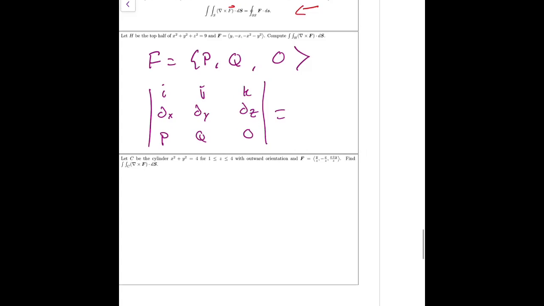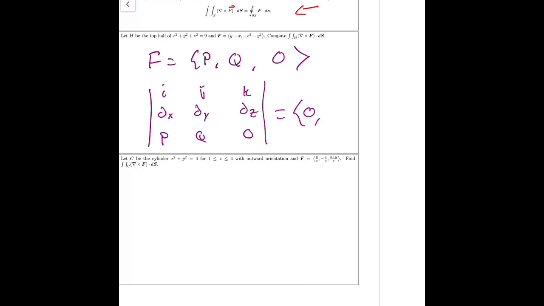So what do we get when we compute the curl here? Well, the first component is going to be the partial derivative of 0 with respect to y, which is 0, minus the partial derivative of Q with respect to z. But P and Q are both functions of x and y, so the first component is 0. The second component is going to be negative the partial derivative with respect to x of 0, which again is 0, minus the partial derivative of P with respect to z.